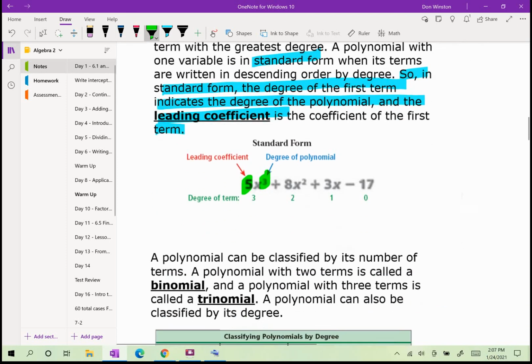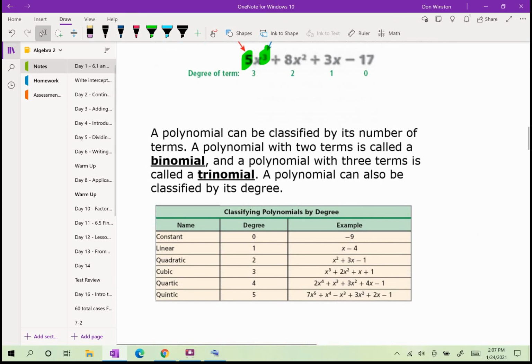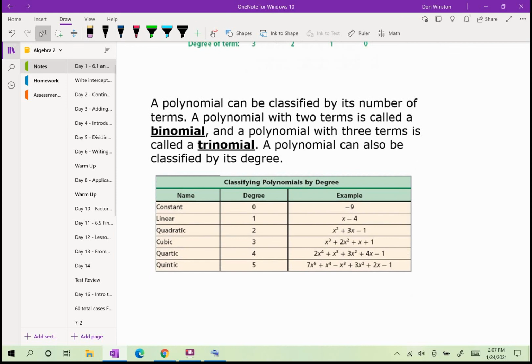Okay. A polynomial can be classified by its number of terms. A polynomial with 2 terms is called a binomial, a polynomial with 3 terms is called a trinomial, and anything with more than 3 terms, we just call a polynomial. A polynomial can also be classified by its degree.